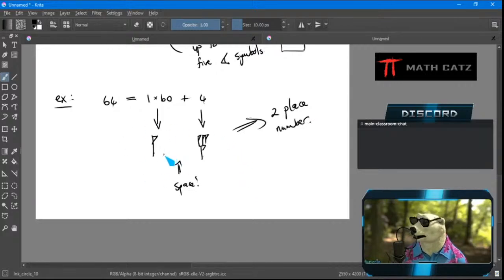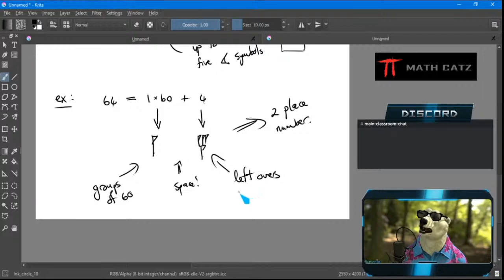The left place, the first, if you read left to right, is going to indicate how many groups of 60. And the second place, the next place down the line, is going to represent how many leftovers, or ones, or whatever you want to call it, how many is left over.